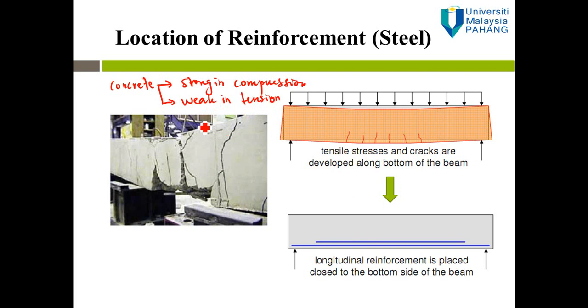So normally for a concrete beam, we will locate the steel rod at the tension part of the beam.